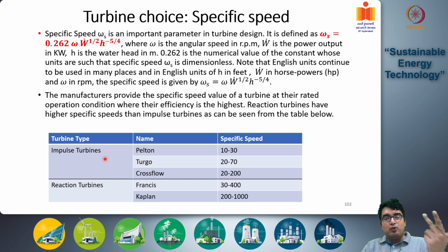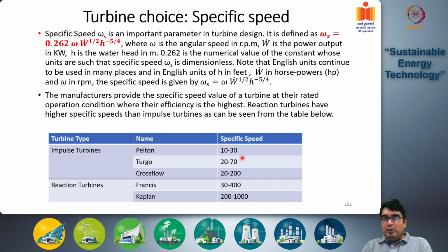We have discussed two types of turbines, impulse turbines and reaction turbines, and we have looked at the differences between them. Now there are multiple designs within the impulse turbines as well, which we did not go into. We discussed the Pelton turbine, but there are two other types of impulse turbines, turgo and cross flow, and you can see the specific speed range of these.